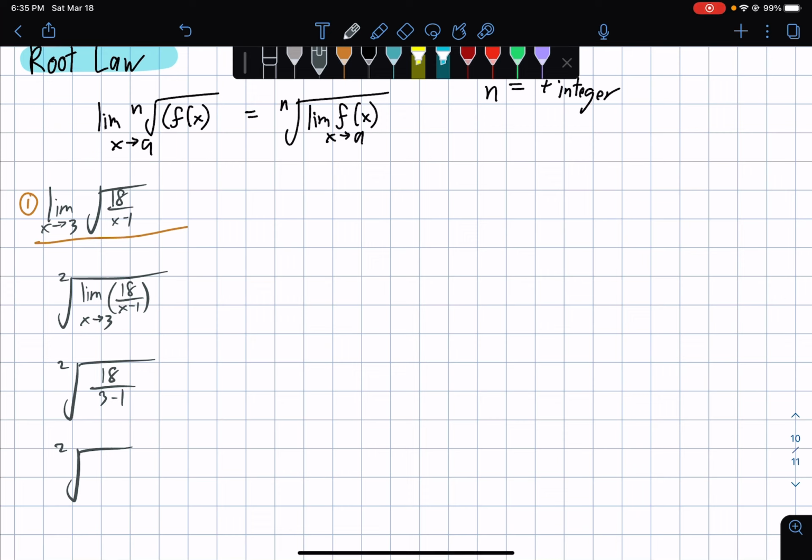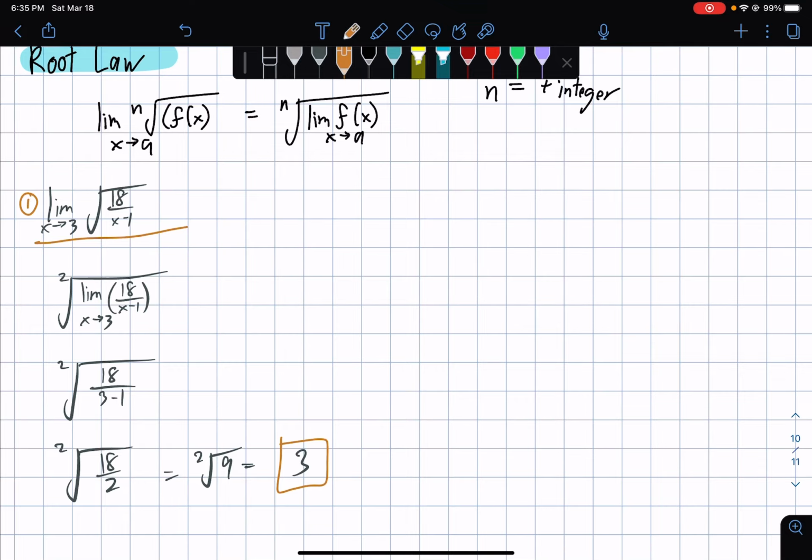So 18 over 2, that's going to be 9, and that's going to be 3. So the answer is 3.